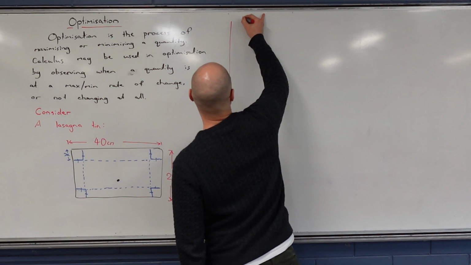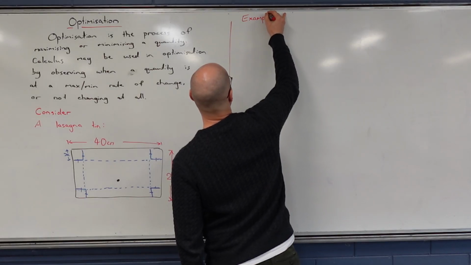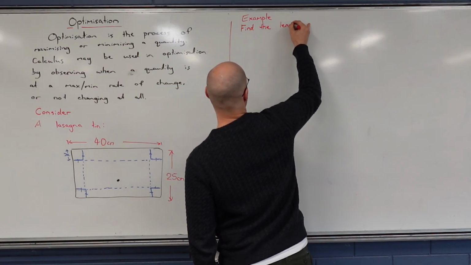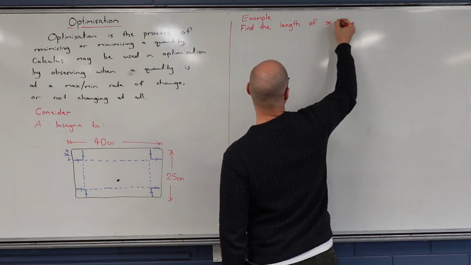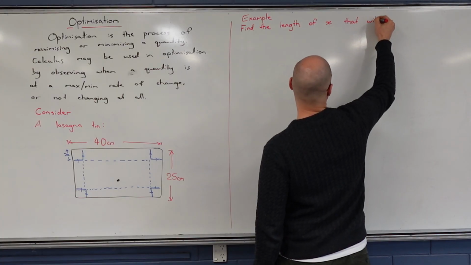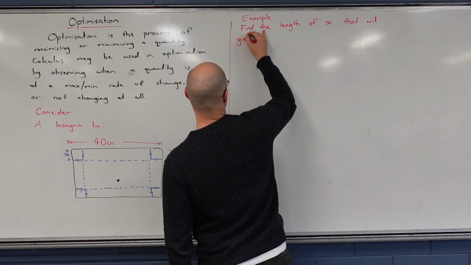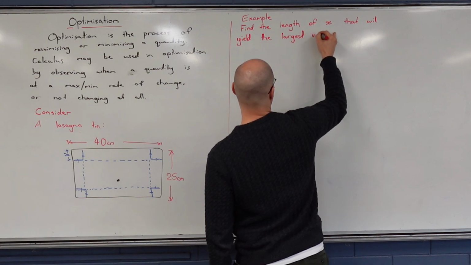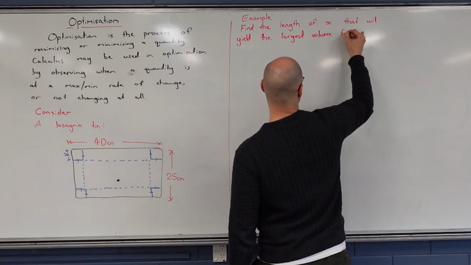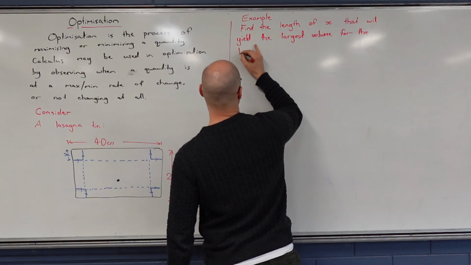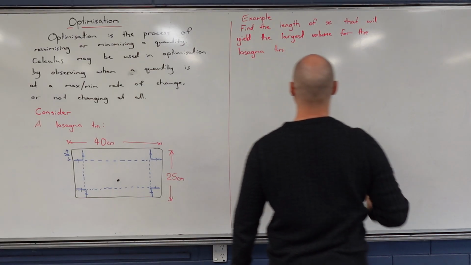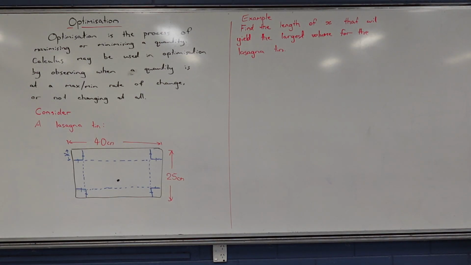Now, find the value of X, or the length of X, that will yield the largest volume for the lasagna tin.